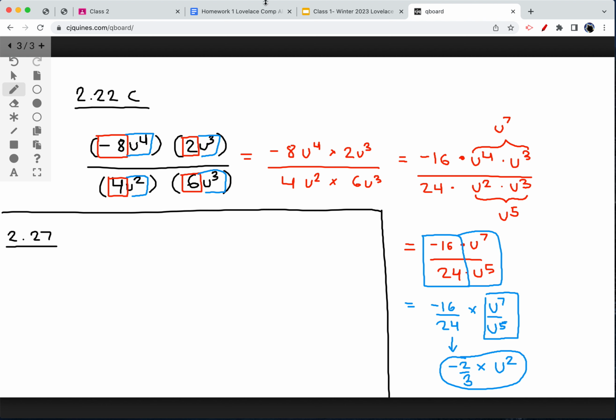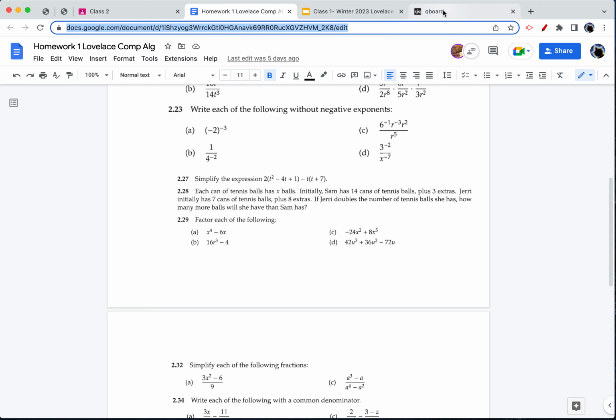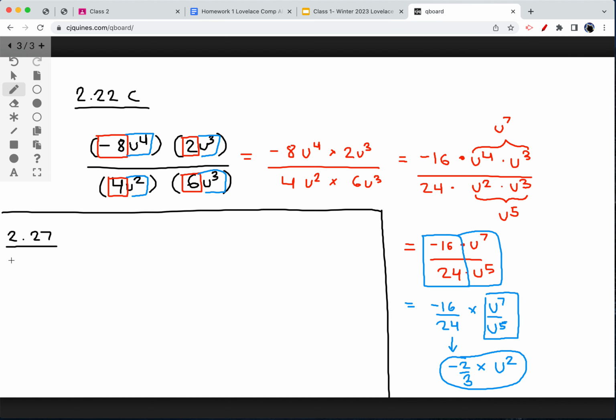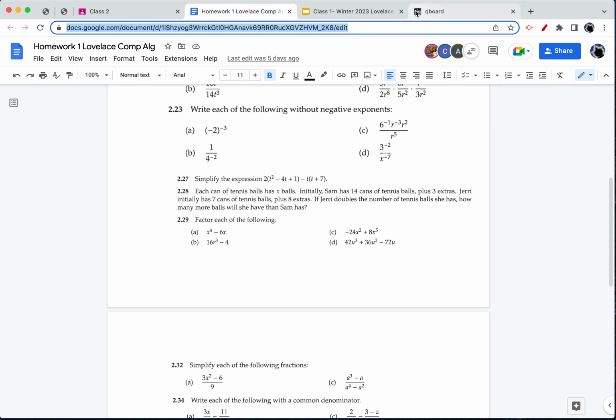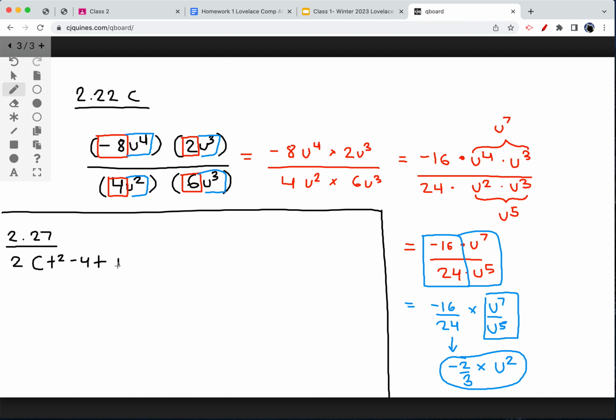So 2.27 wants us to simplify the expression 2 times t squared minus 4t plus 1 minus t times t plus 7.